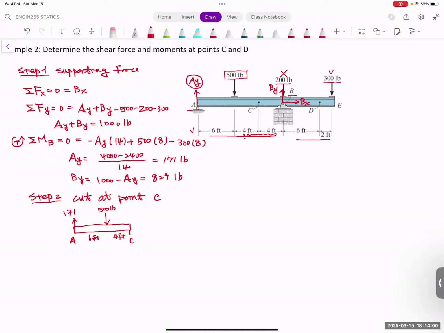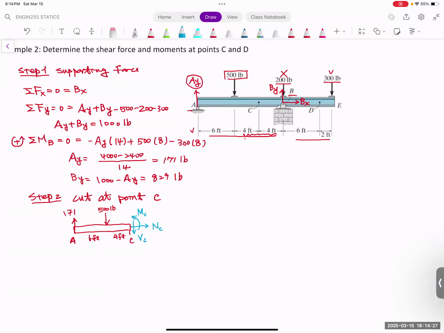And the internal force is going to be this one, which makes it go outwards. This is going to be N sub C. And you have a shear force. Shear force is going down because this one makes it rotate clockwise. You have a moment that makes it go upwards. So this will be the moment at C at this point.